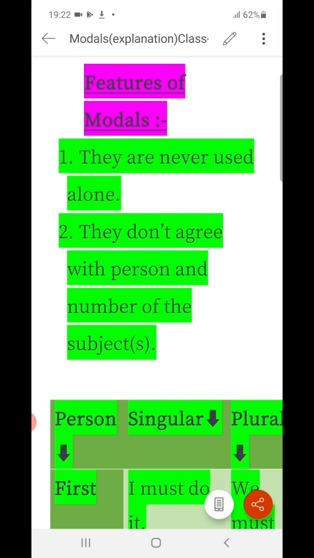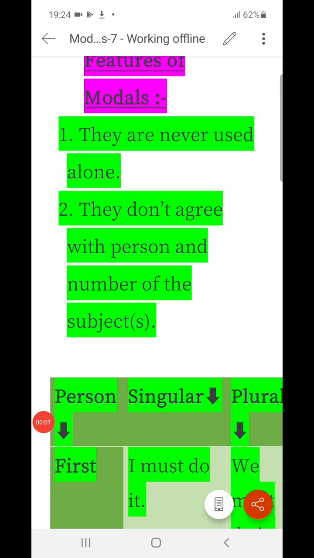Suppose a modal verb will not change if the person is first person or second or third, and similarly, if it is in singular or plural form.